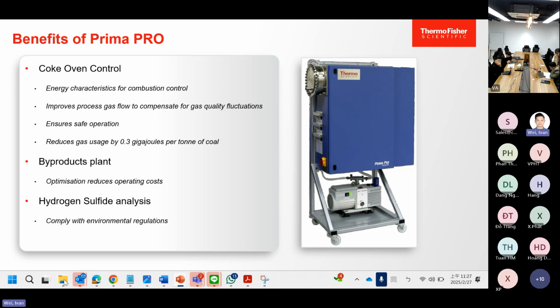We're also able to do H2S analysis, because sometimes steel company manufacturing sites emit a lot of H2S and need to comply with environmental regulations. So the Prima Pro can be installed at their emissions stack, their chimney, to measure H2S.